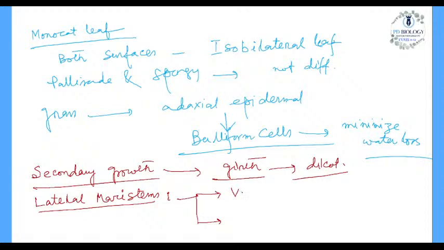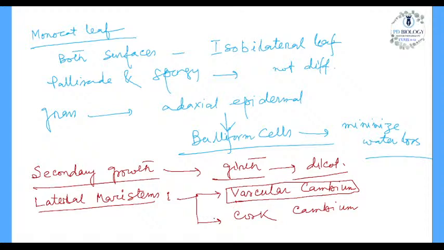One is vascular cambium, another is cork cambium. The vascular cambium is the meristematic layer responsible for cutting off the vascular tissue, xylem and phloem.